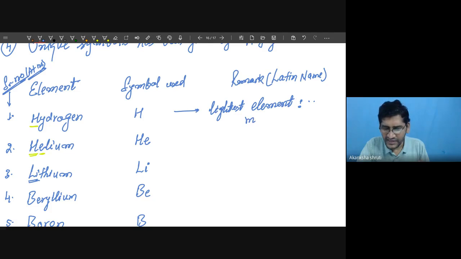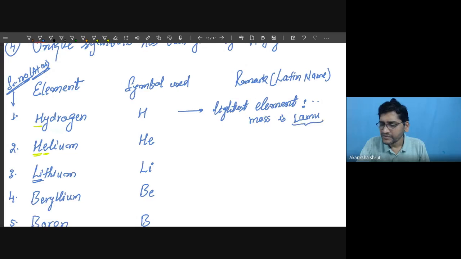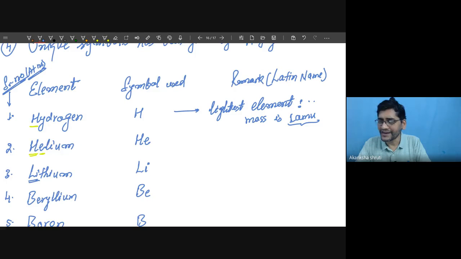What this AMU is, we can understand later, but if we express this mass in terms of gram, then we can say hydrogen is just 1 gram.